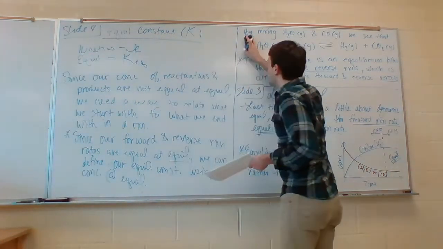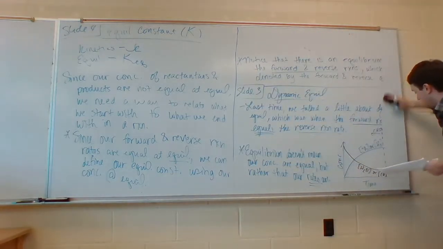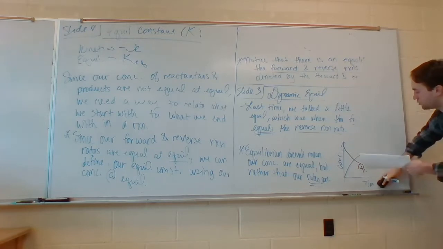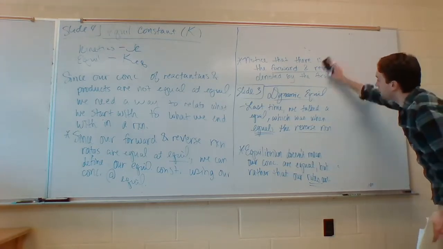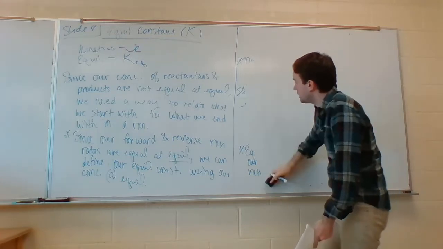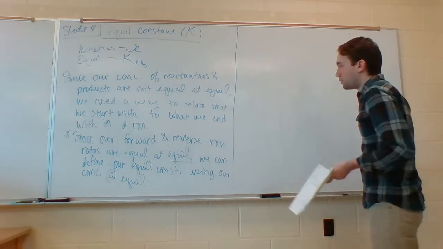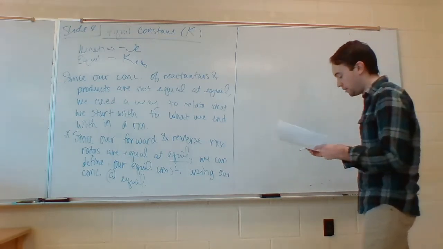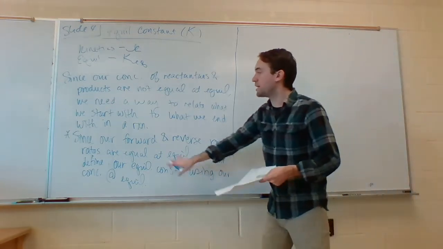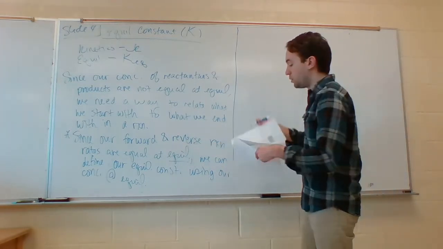Okay, so not our initial concentrations, but our equilibrium concentrations. Because remember, if we were to look at our plot, we saw that our concentrations changed a whole bunch until we reached equilibrium, and then once we were at equilibrium, they sort of stabilized out. So once we're at equilibrium, that's going to be the best place to determine our equilibrium constant.